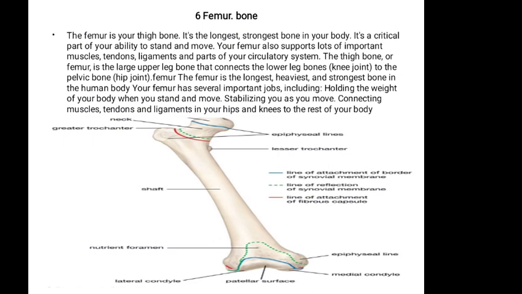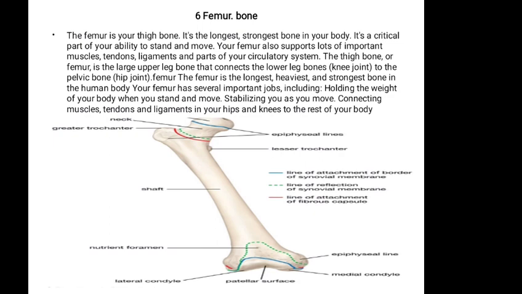The thigh bone, meaning femur bone, is the large upper leg bone that connects the lower leg bones at the knee joint to the pelvic bone at the hip joint. The femur is the longest, heaviest, and strongest bone in the human body.